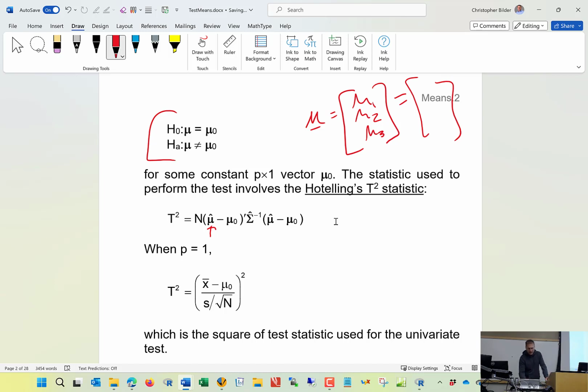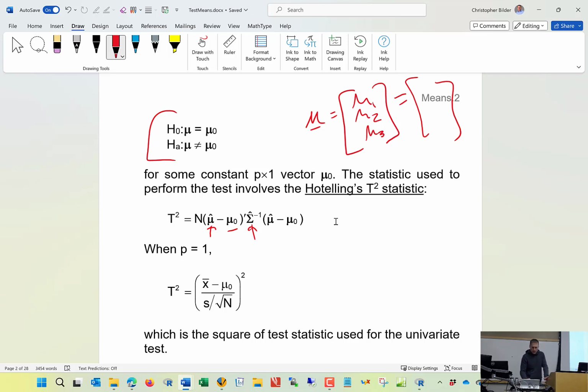And we look at how far it is from the hypothesized mean vector. So it's a distance. We take into account the fact that these variables can be measured on different scales and have different amounts of variability, so we have sigma hat, the estimated covariance matrix, in there. Notice how this is very similar to some other distance measures that we've looked at. Here we are looking at how far the estimated mean is from some constant mean vector.